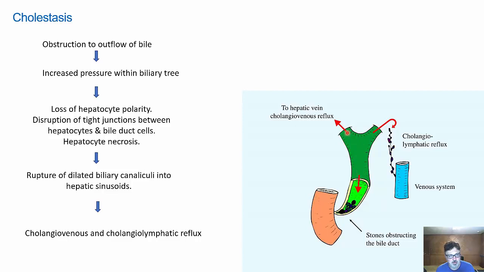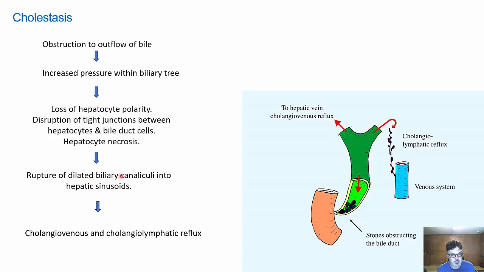So that's going to increase the pressure within that biliary tree, and that's going to also cause the loss of hepatocyte polarity, and they're going to lose those abilities to function properly to take in certain molecules. That's also going to disrupt the tight junctions between the cells, and it'll ultimately result in hepatocyte necrosis, killing the cells off. Now, this, if severe enough, can then lead to a rupture of the biliary canal.